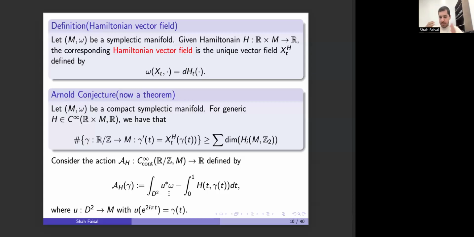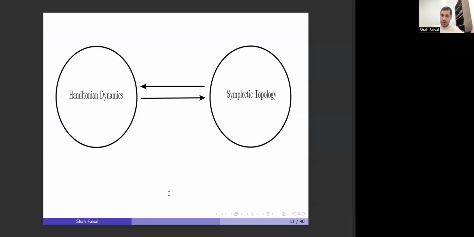Therefore, you can expect an interesting link between the symplectic structure and the dynamics. And so one can ask the following questions. If you understand a Hamiltonian system on a symplectic manifold, what does it mean for the topology of the manifold? And if you understand the topology, what does it mean for the dynamics of a Hamiltonian system?